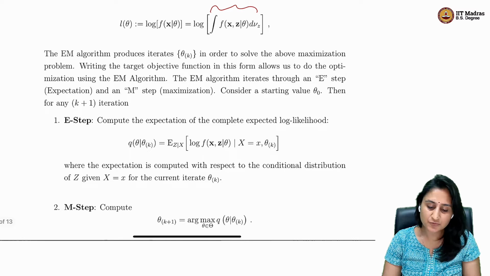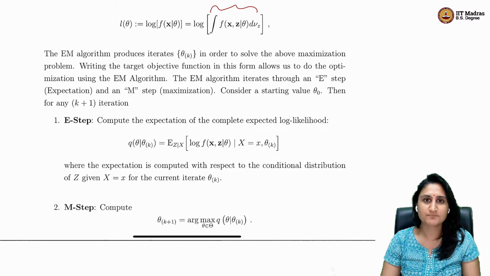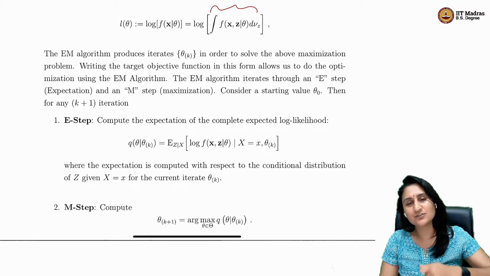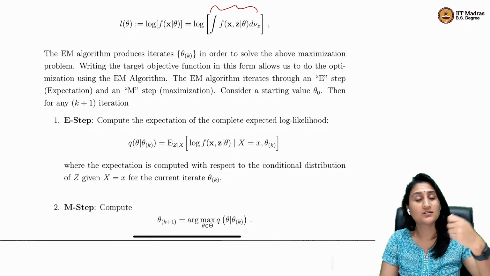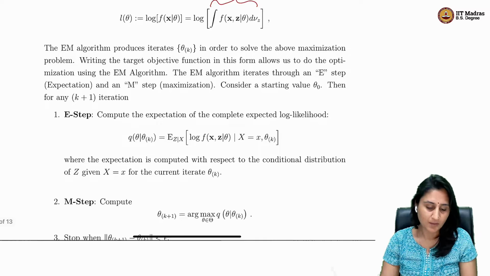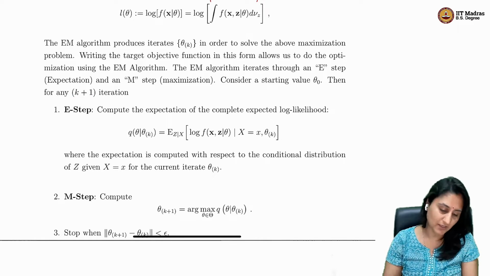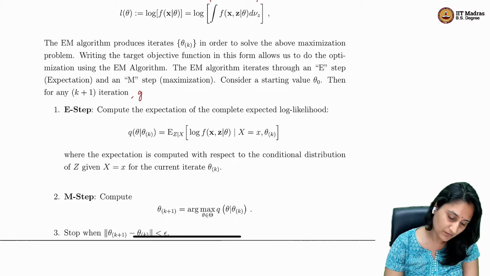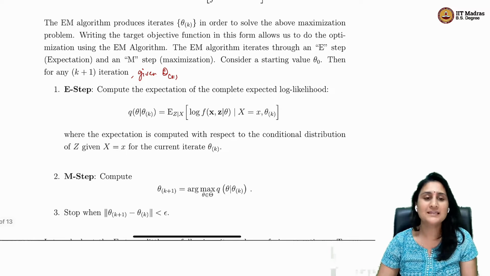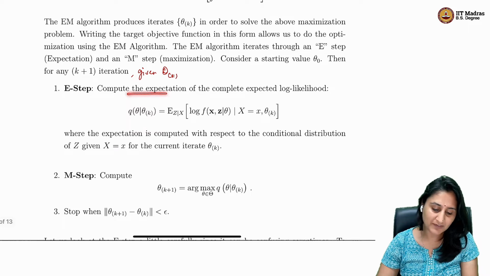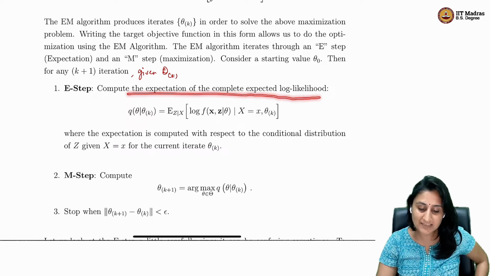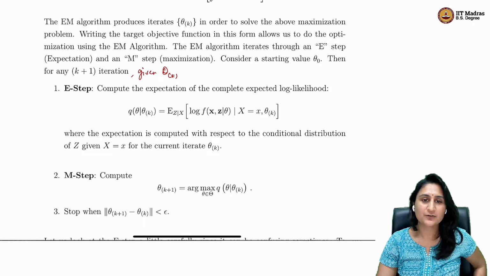Okay, so how do these steps work? So first, consider that you choose a starting value theta 0. Okay, so if you choose a theta 0, then that can give you theta 1, theta 2, and so on. Then for any iteration k plus 1, given theta k, first I do my E step, which is to compute the expectation of the complete log likelihood.